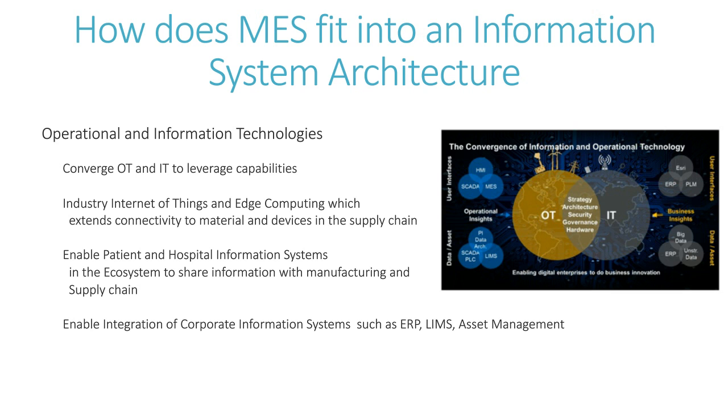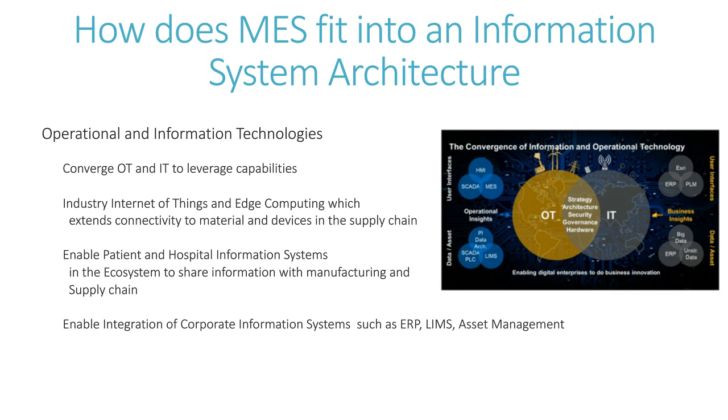Whether it's that bag of blood coming in from your apheresis center to the point where you're sending it back to a treatment center, and everything in between is being tracked. So the blood itself has some type of RFID tag or what have you that actually allows you to track it through its supply chain.